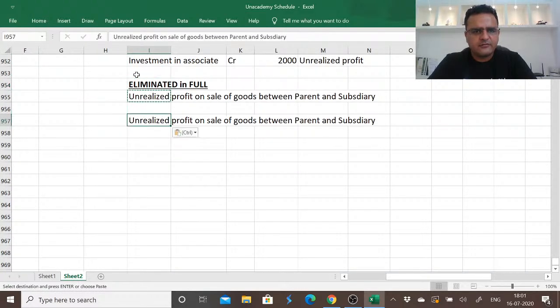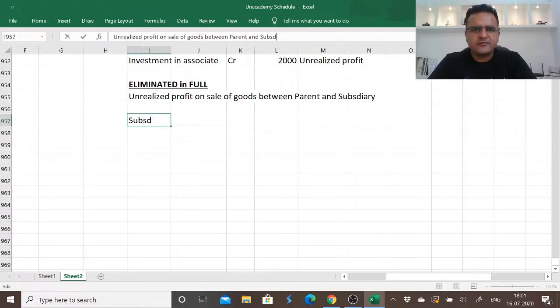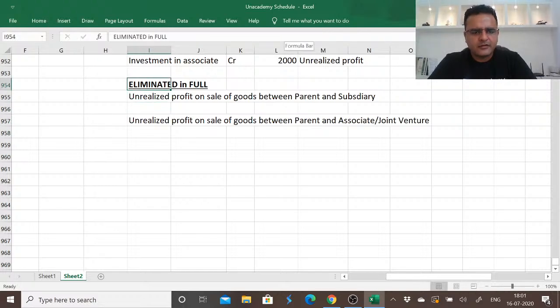Unrealized profit on sale of goods between parent and associate or JV, joint venture, is eliminated to the extent of share in associate or JV.